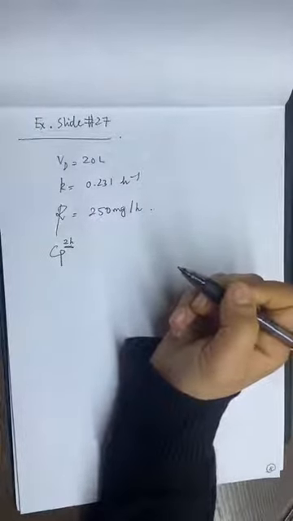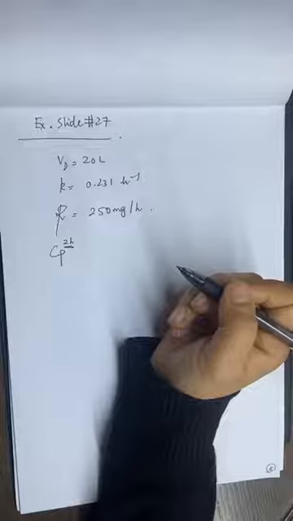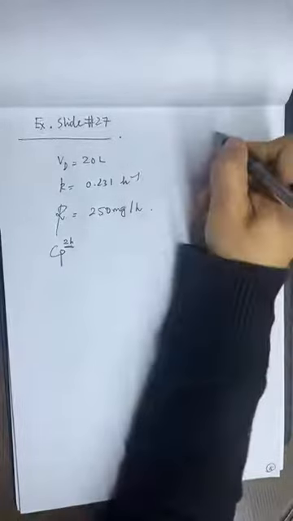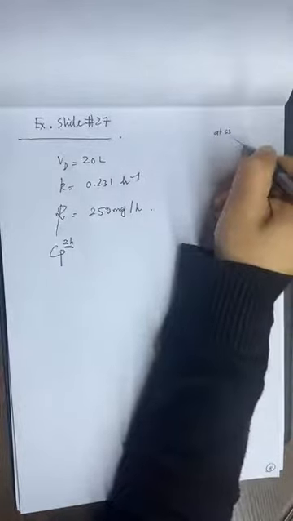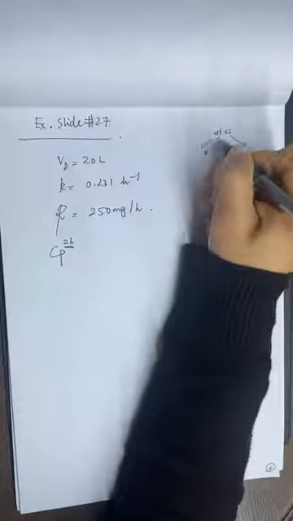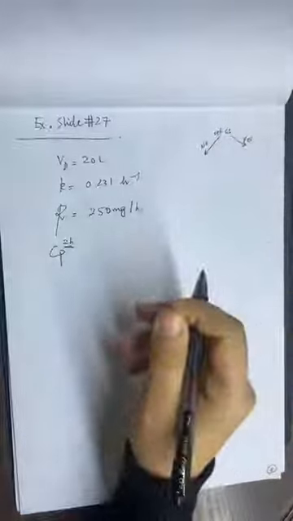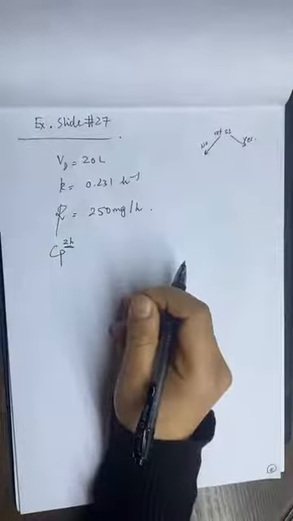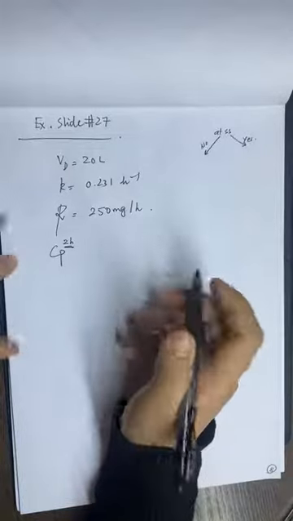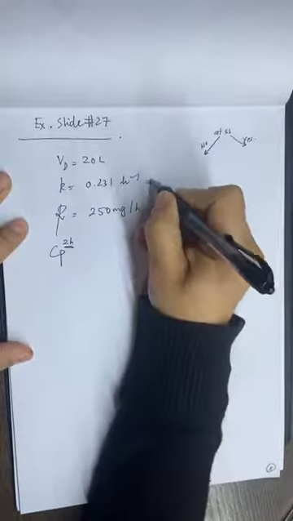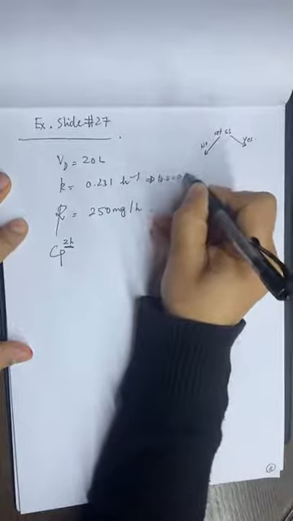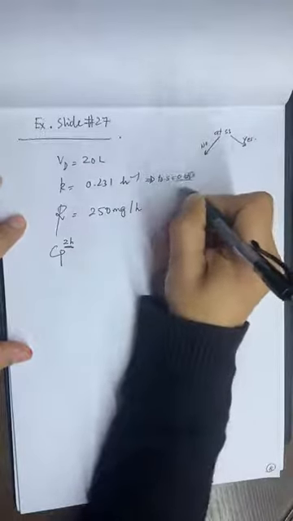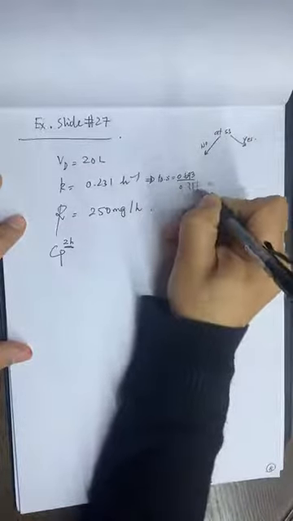Remember, you need to ask yourself a question: are you at steady state, yes or no? To ask this question, we said that you need to determine your half-life. Half-life equals 0.693 over K, right?